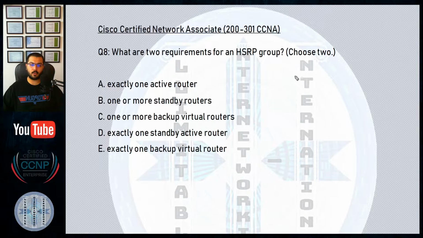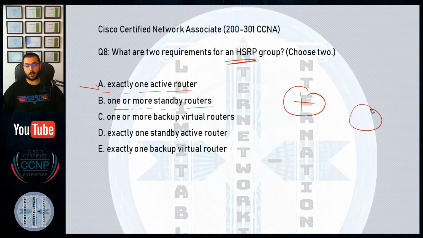Question number 8, what are two requirements for an HSRP group? An active router, yes, and it will be one active router. You cannot have more than one active router in HSRP. One or more standby routers, no, we can have only one active router and one standby router in the HSRP topology. So I'm sorry, not more than one standby router.